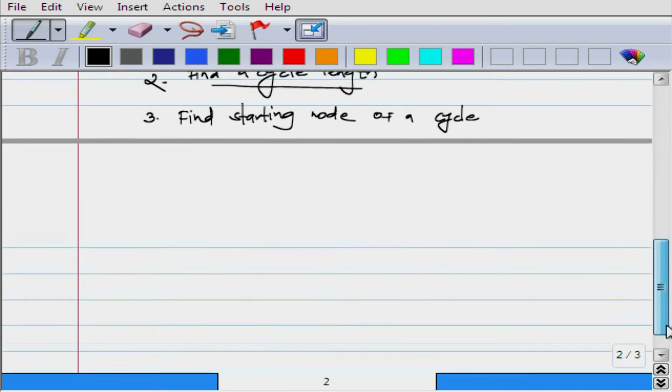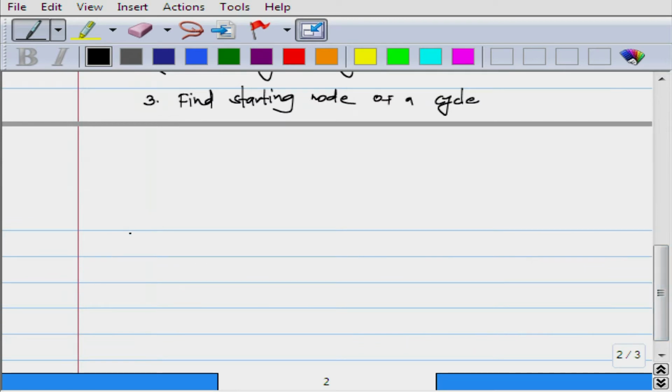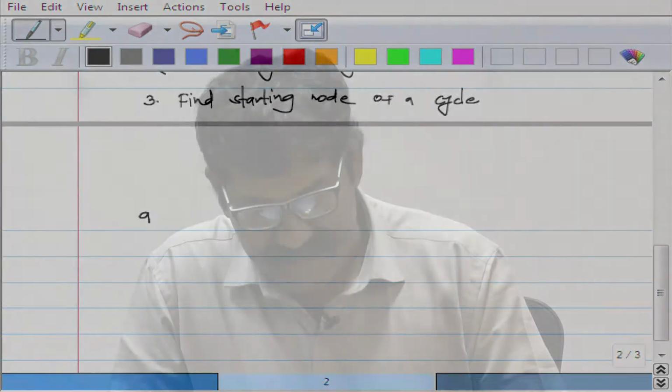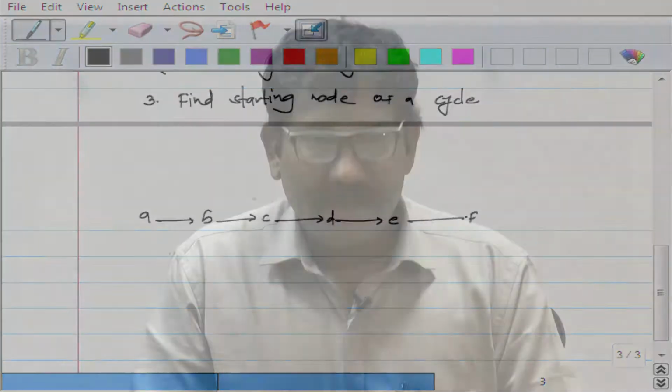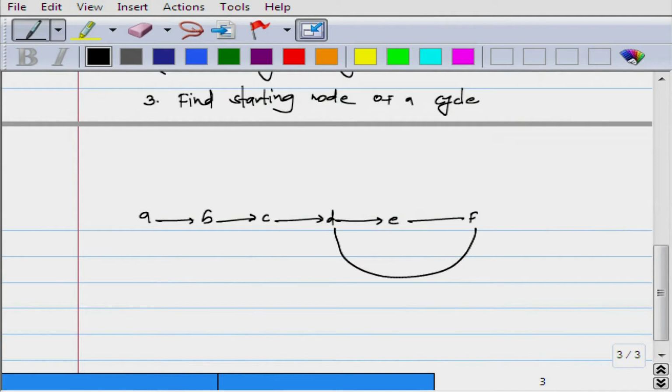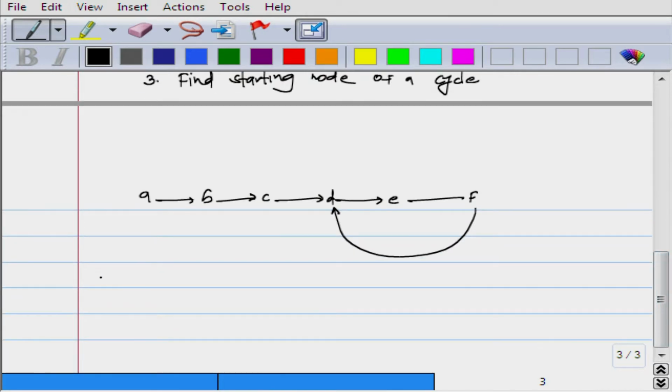To achieve the above objectives, we will consider a simple example: A to B, to C, to D, to E, to F, in which the last node is pointing to any intermediate node, let us say D in this example. We will have two different pointers, P1 and P2.